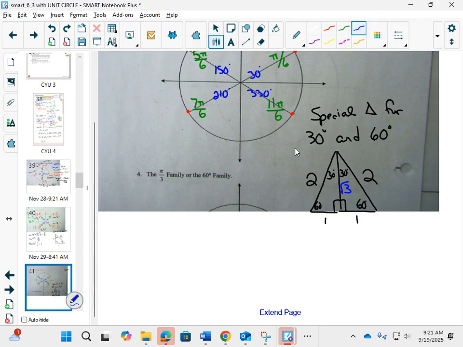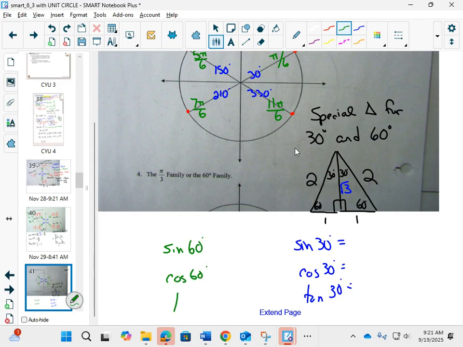And I now have enough information to do sine of 30 degrees, cos of 30 degrees, and tan of 30 degrees. I can also do sine of 60 degrees, cos of 60 degrees, and tan of 60 degrees.